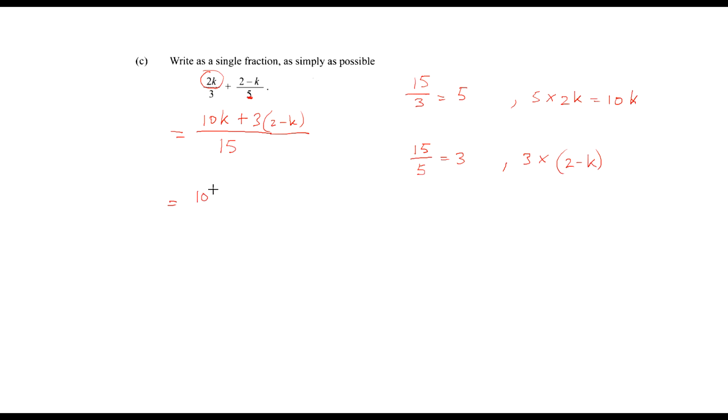So on the top, the numerator, I have to remove the brackets, so this is 3 multiplied by 2, which will give me 6, and I have to take the 3 and multiply by minus k, which would give me minus 3k, all over 15. So therefore this will be 10k minus 3k is 7k plus 6, over 15. So this is how we express it as a single fraction.